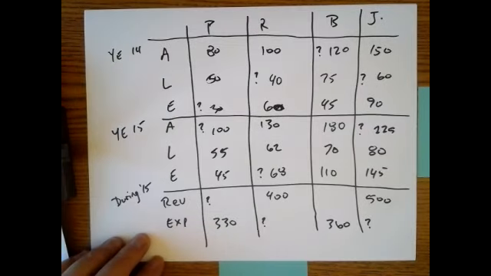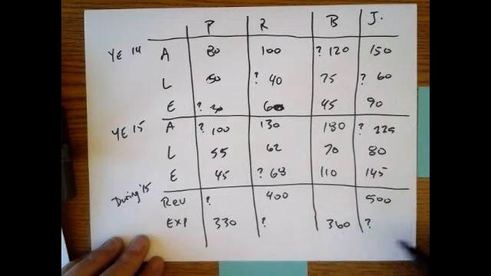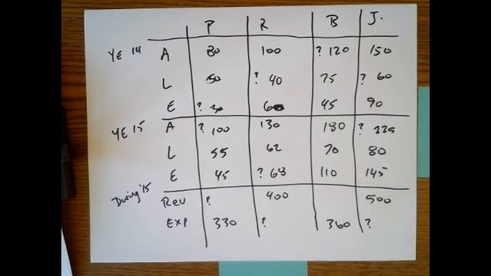So here's where it gets a little trickier. Now they're giving us either the revenues or the expenses, but not both. So how do we get to revenue? If we assume that these firms are all not-for-profit, which the book says they are, what do we know about not-for-profits?